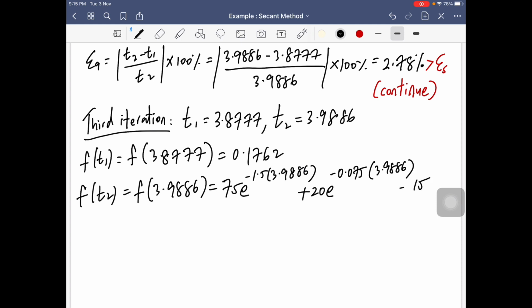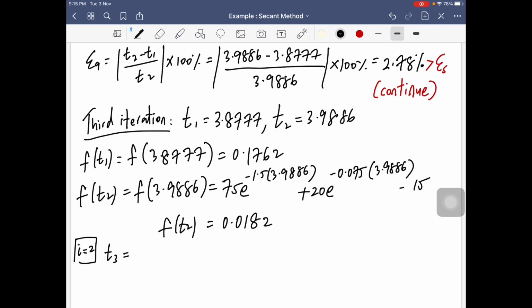So this should give you your FT2 equal to 0.0182.